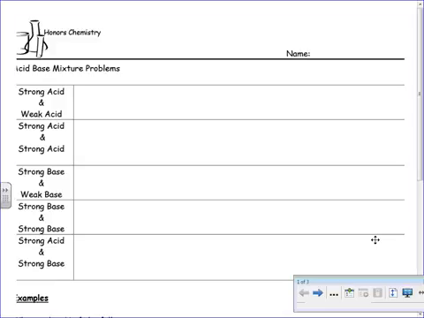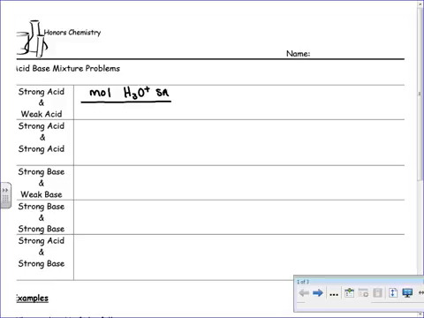So if we're going to solve for the pH, and that's what we're doing in these problems, solving for pH of a strong acid mixed with a weak acid, we're going to get the moles of hydronium from the strong acid only. And then adding the weak acid to the strong acid is almost like diluting that acid with water.